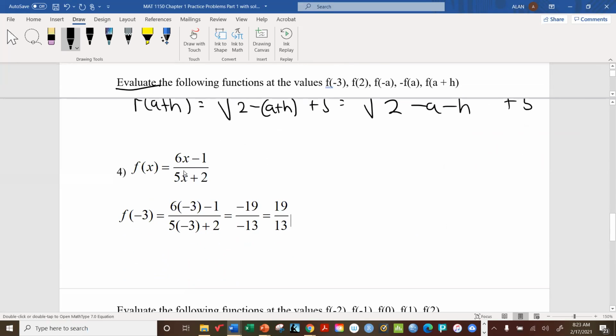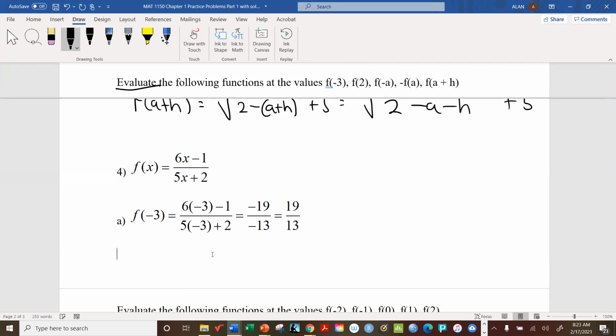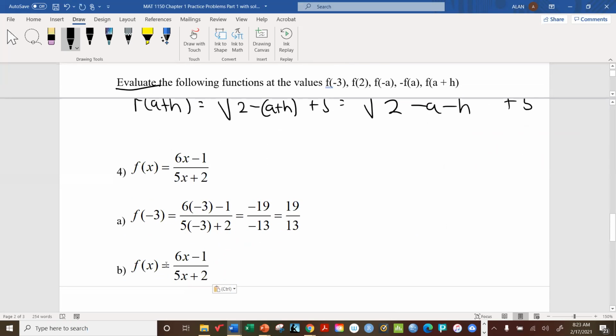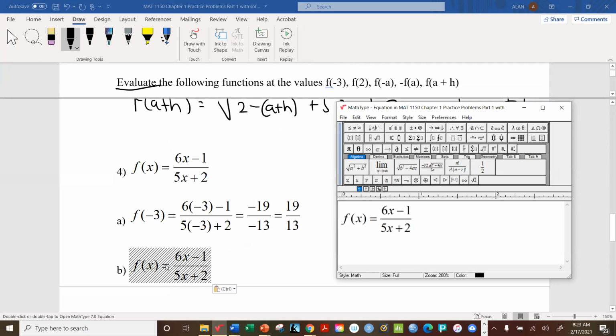Next is f of 2. Try that one. We'll have a 2, and a 2.